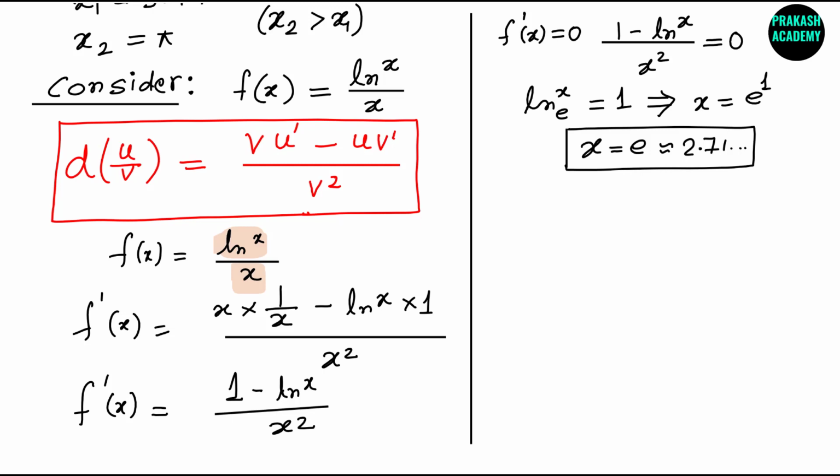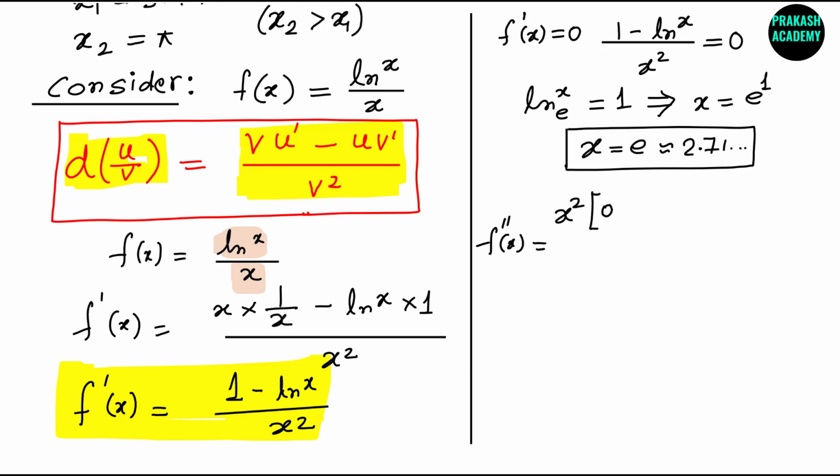Now to find whether this is maxima or minima, we have to find the double differentiation, that is f double dash x. So I have to differentiate this term once again using the same rule. First I leave the denominator, x square, and differentiate the numerator.